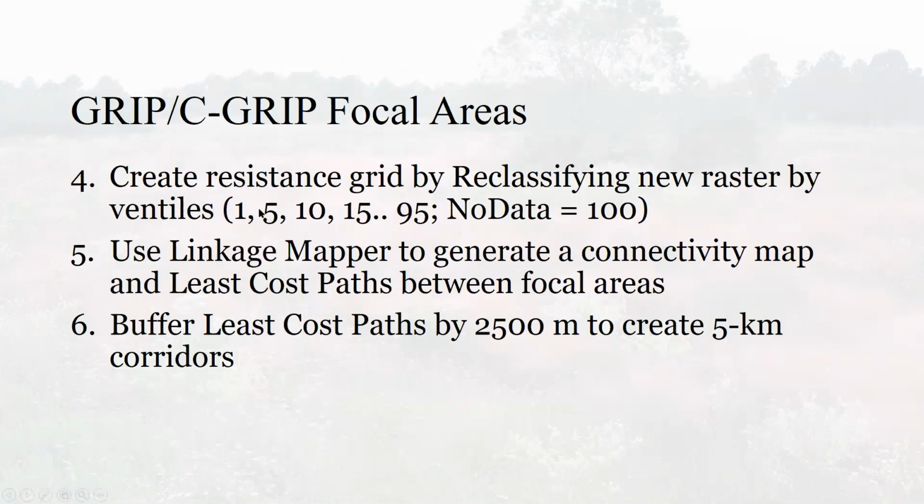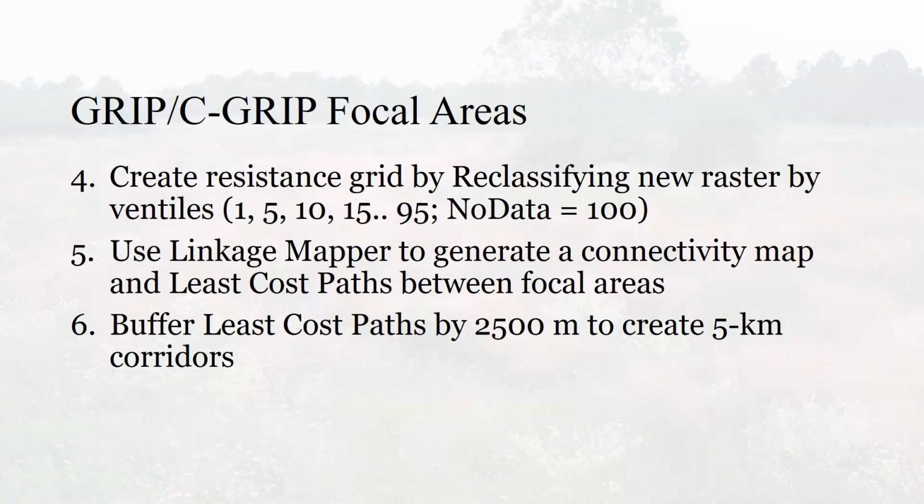The highest 5% of tallgrass prairie is set to a resistance of 1, and then the next 5% is set to 5, the next 5% set to 10, and so forth until you get to the lowest rated 5% of tallgrass prairie, which gets a resistance value of 95, and then no data gets a value of 100.